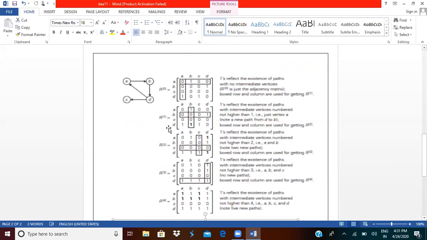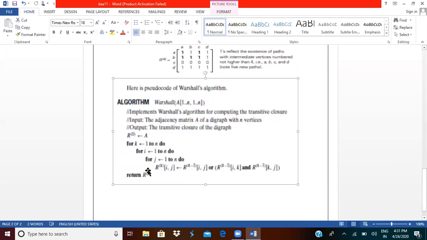So how will I apply the formula? R1, the I value is 1 in the first iteration. R1 of 1 comma 1 is equal to R of K minus 1, which means 1 minus 1, which is 0: R0 of 1 comma 1 or R0 of 1 comma K, and R0 of K comma 1. It is very simple.